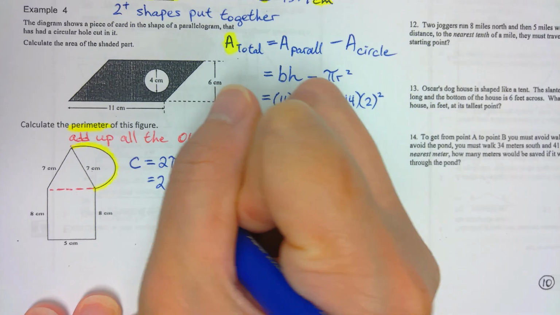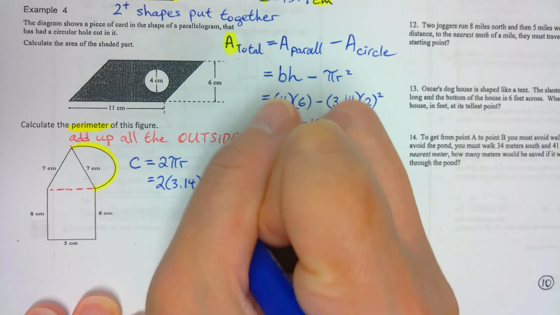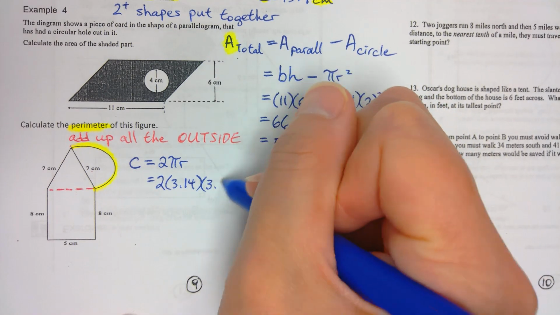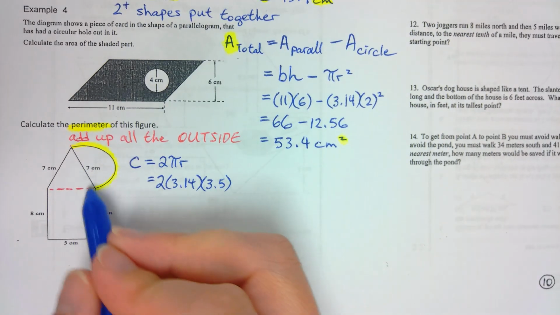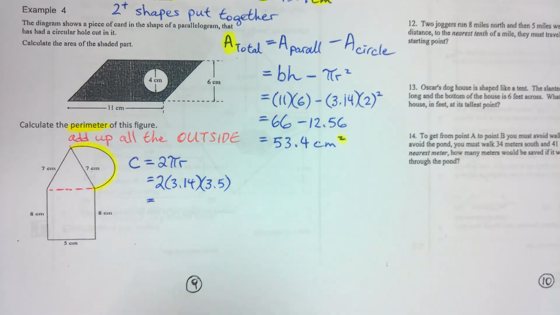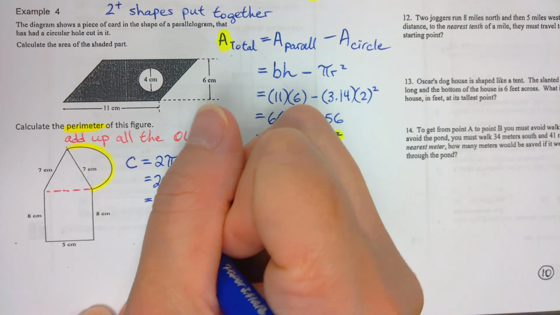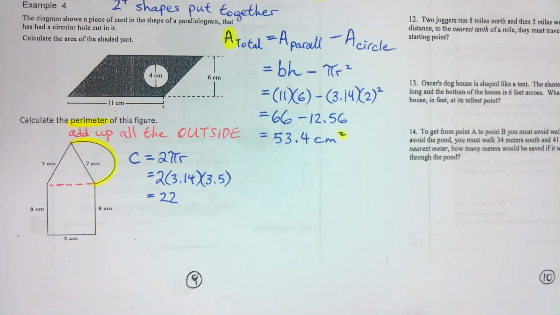So 2 times 3.14. Again, what's my radius? Yeah, good job, Carson. 3.5, because it's half of my diameter. So when I multiply all this, 2 times 3.14 times 3.5, I get 22 if I round it.